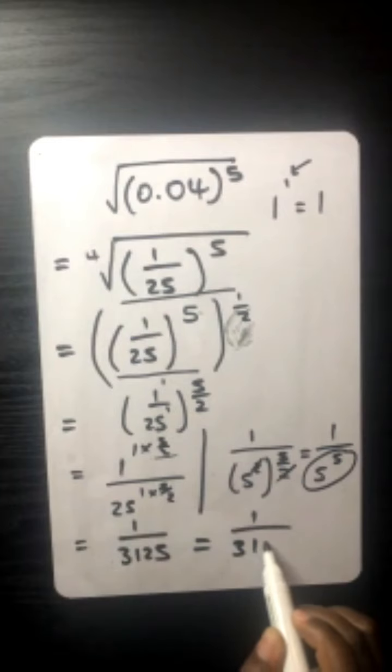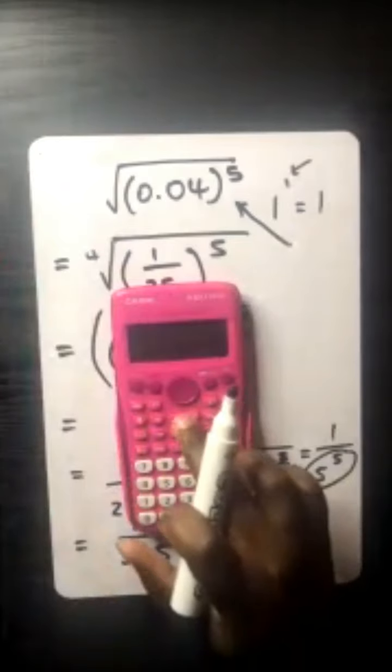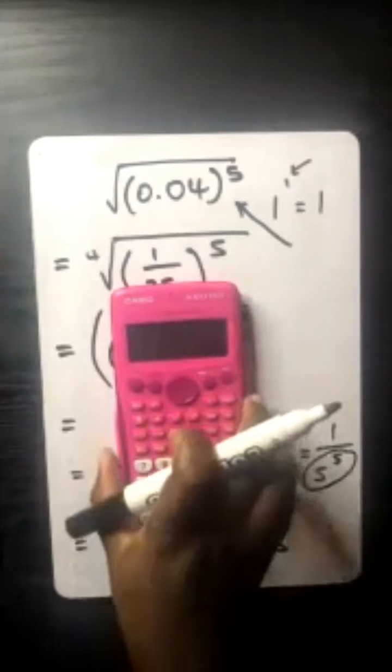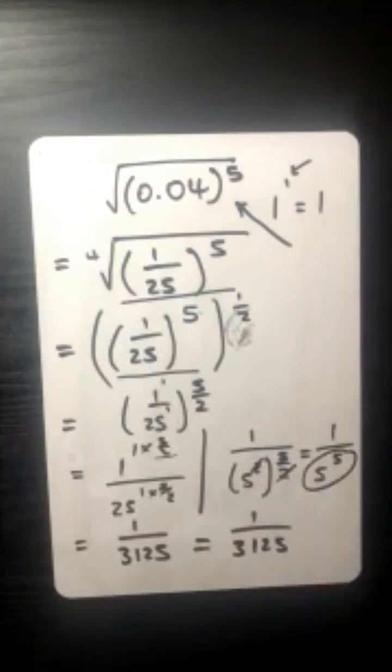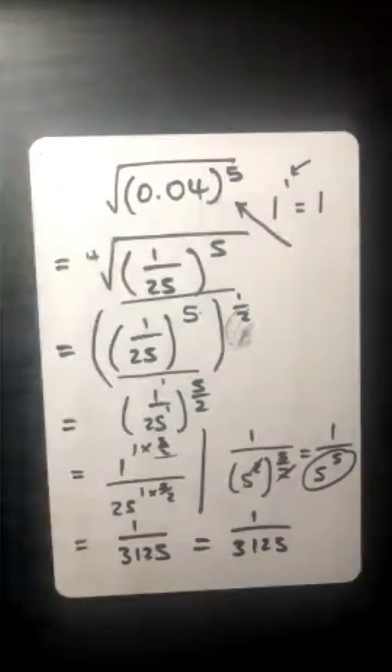So let's punch all of this and check if we get that final answer. Then we have square root of 0.04 to the exponent 5. Then I'm getting 1 over 3,125.